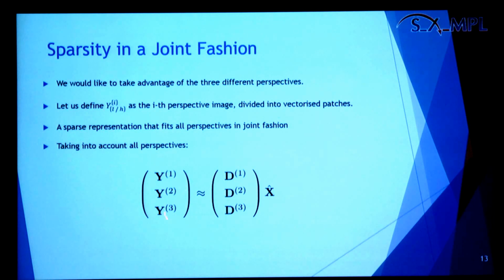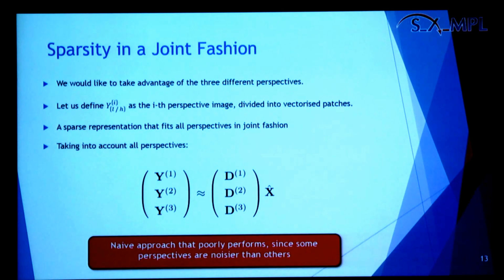Just concatenate all perspectives, take all of those dictionaries, stack them one on top of each other, and find the best X that represents all of this data. It's possible, but it doesn't work well. This approach is quite naive, it turns out. It performs poorly. Some perspectives are noisier than others, and we don't take it into account. If we have one noisy perspective, it's going to ruin all of the others.